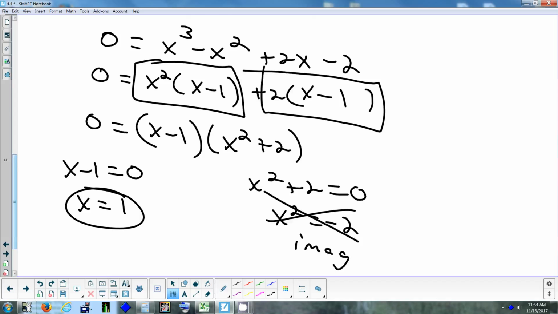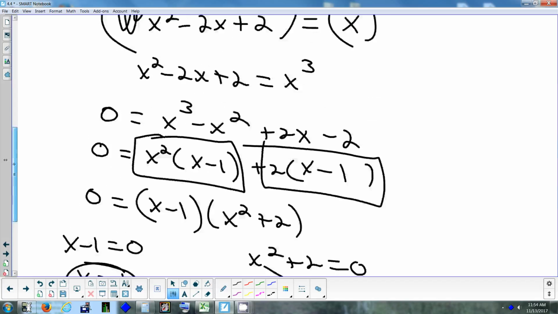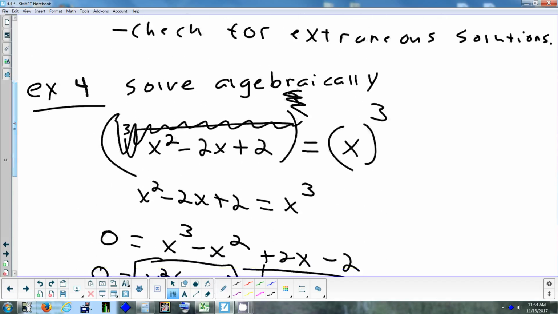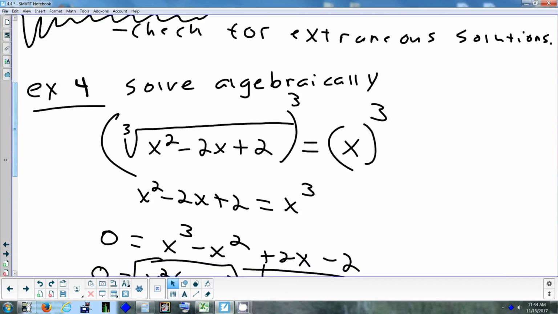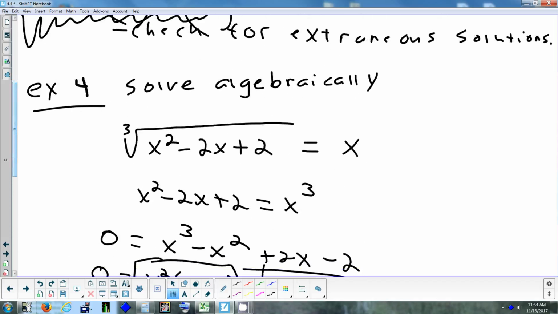So let's just check if 1 works. Just so we can see the original problem a little clearer, I'm just going to move all that stuff away. So if we plug in 1, what's 1 squared? 1. 2 times 1? 2.